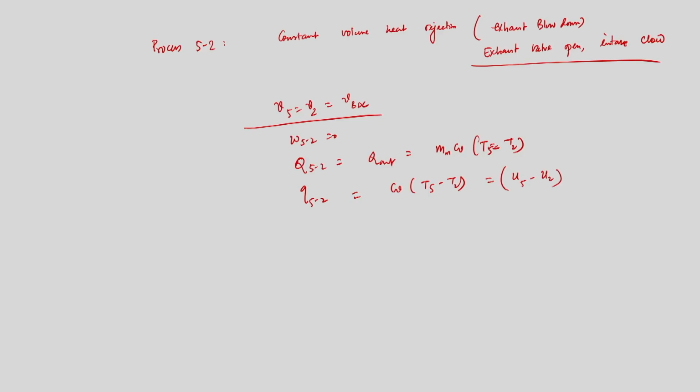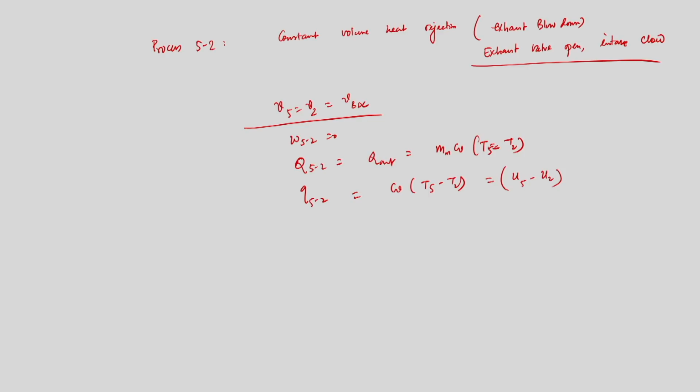Now, last is constant pressure exhaust. So, that is constant pressure exhaust. Constant pressure exhaust is process 1 to 0, okay, fine.